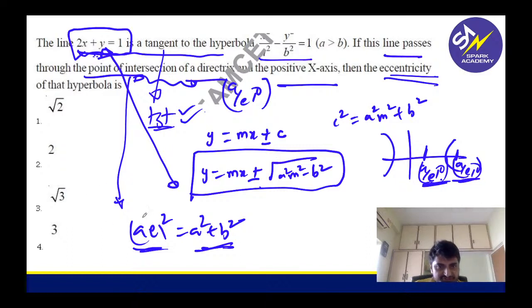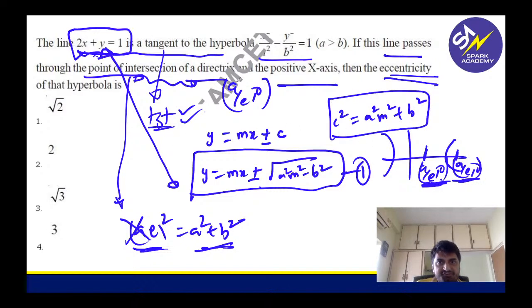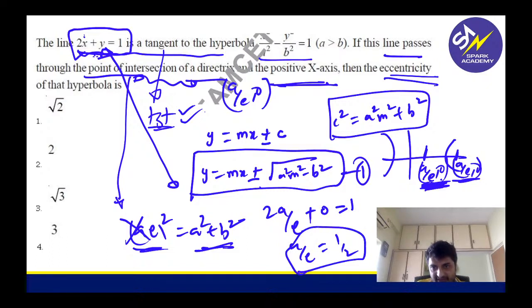Forget this, just use these two. This is one equation. The second equation is what? Point of intersection of directrix and positive x-axis. That means basically the directrix point A by E comma 0, right? So that A by E comma 0 passes through this. So 2 times A by E plus 0 is 1. So A by E will be 1 by 2. This is one equation I'll get.